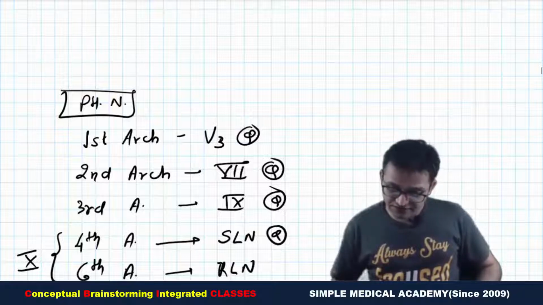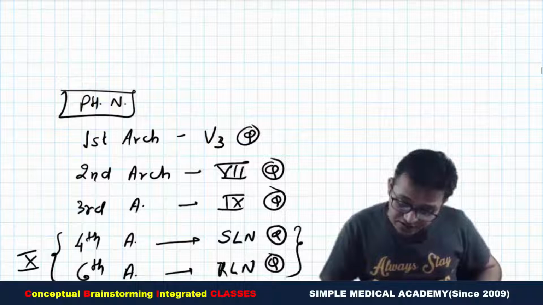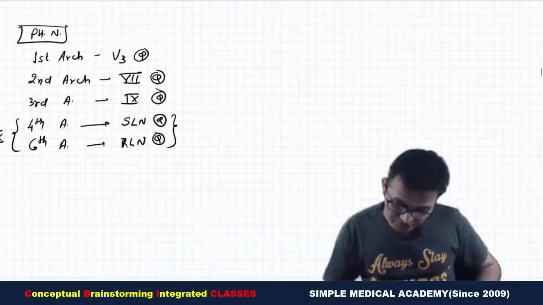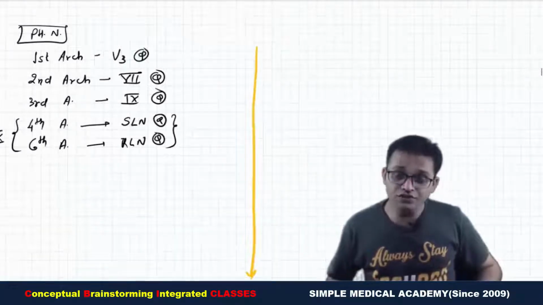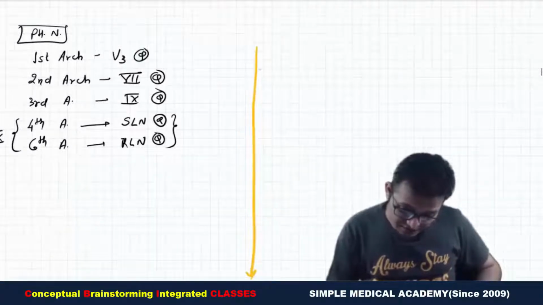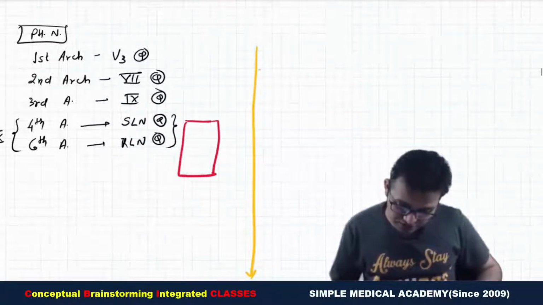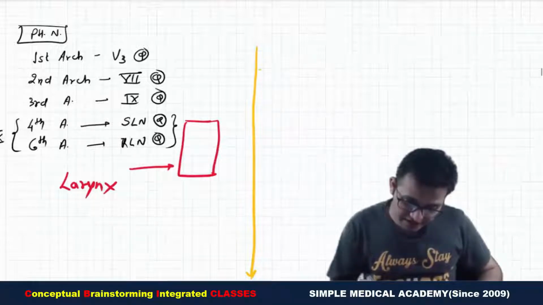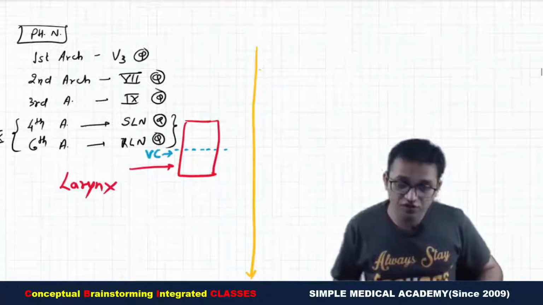I will show you this fact later, but just one diagrammatic presentation. Suppose this is the vagus nerve. This vagus nerve is supplying the larynx. Diagrammatic presentation: suppose this is the larynx and here is the position of the vocal cord.